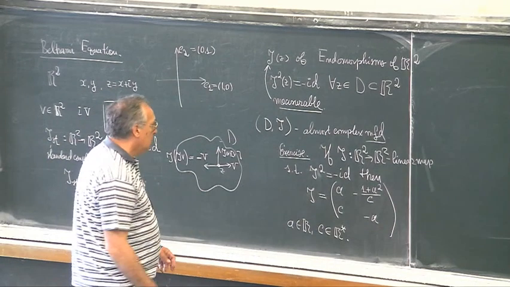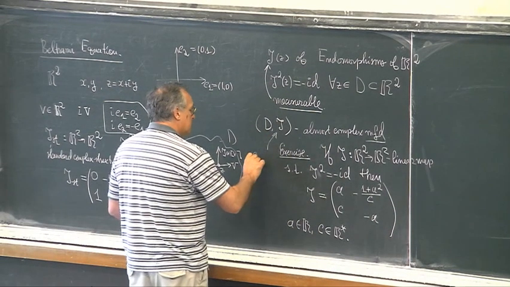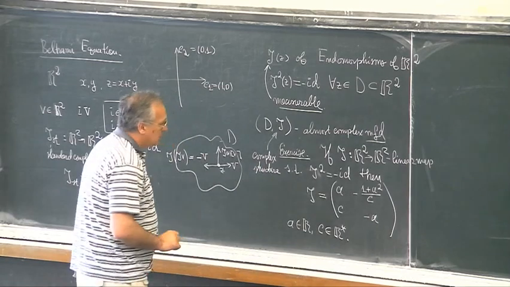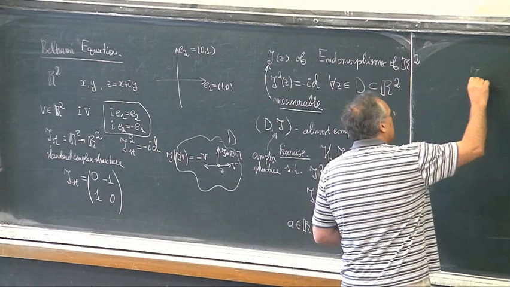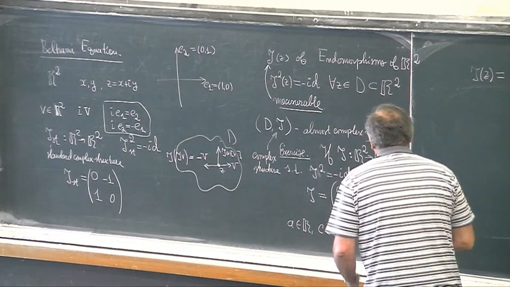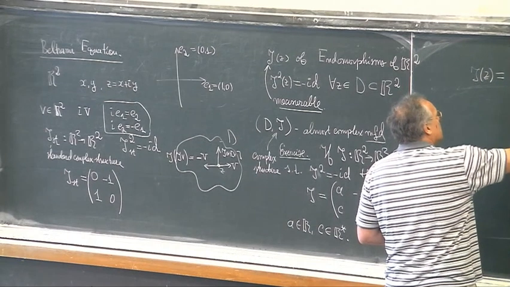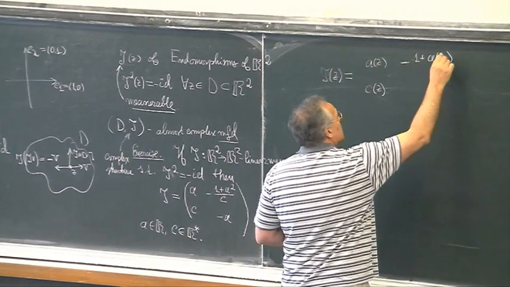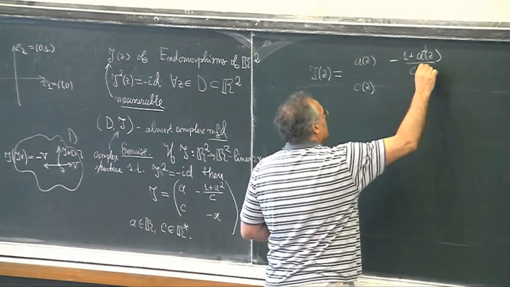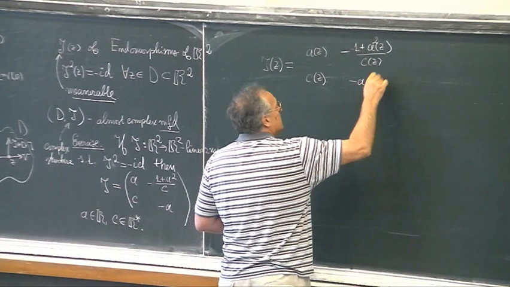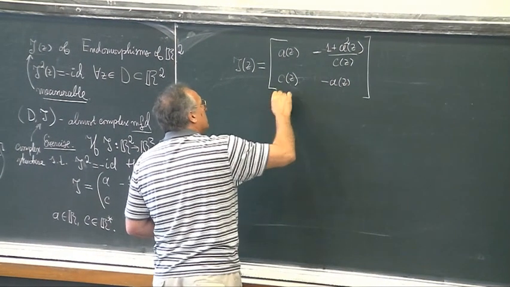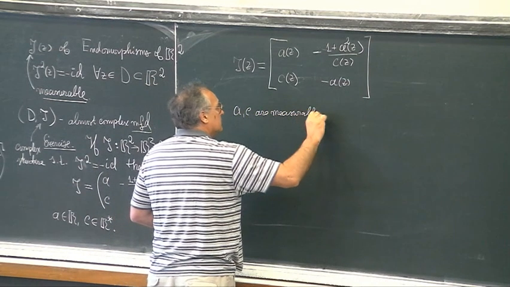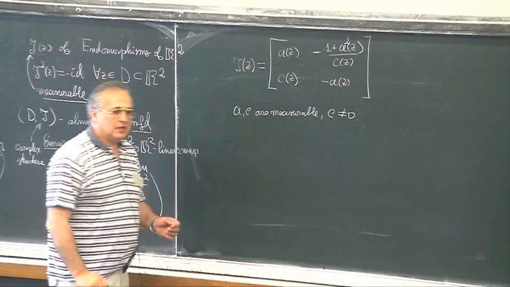Well, therefore, a complex structure is a matrix which depends on z and which has this form: a of z, c of z, minus (1 plus a of z square) divided by c of z, and minus a of z, where functions a and c are measurable, and c never vanishes.